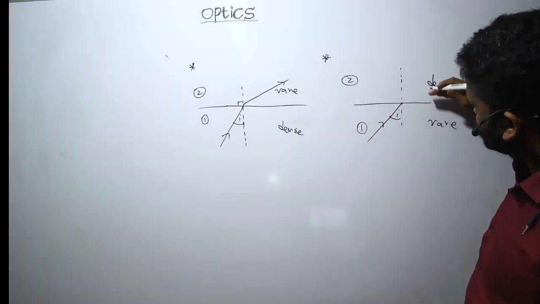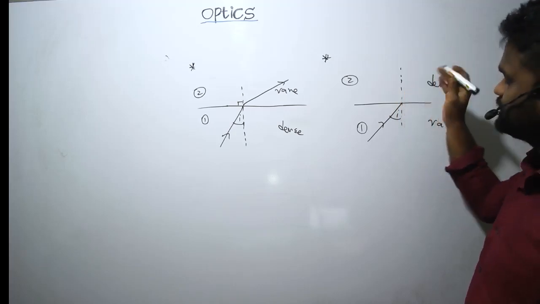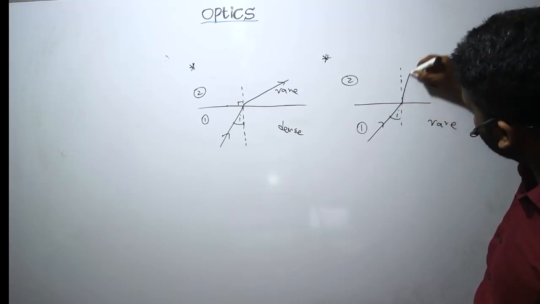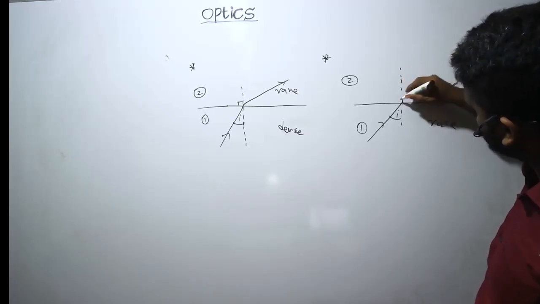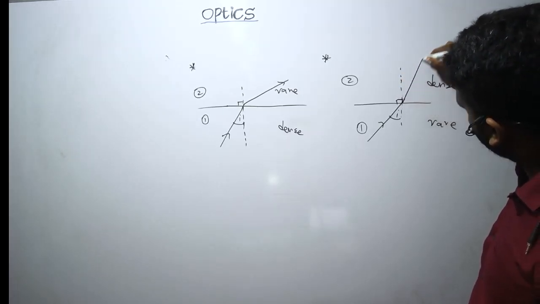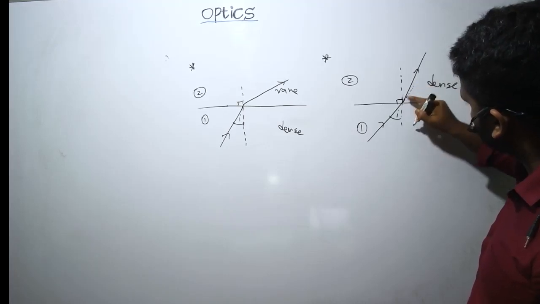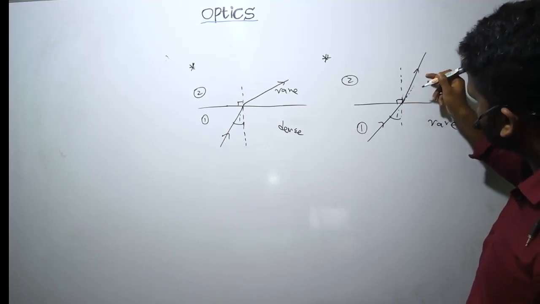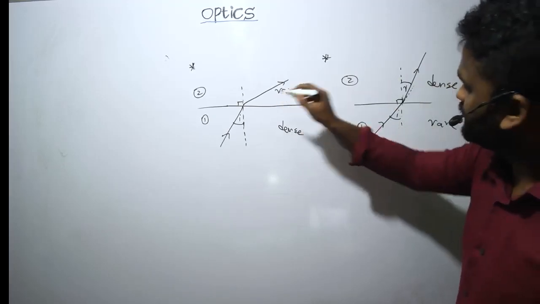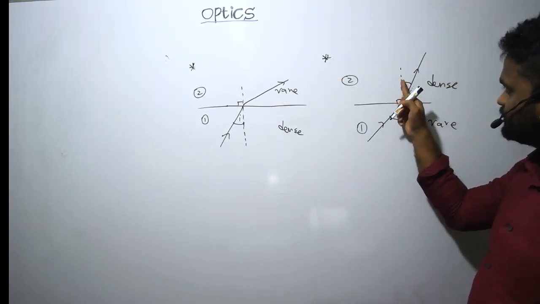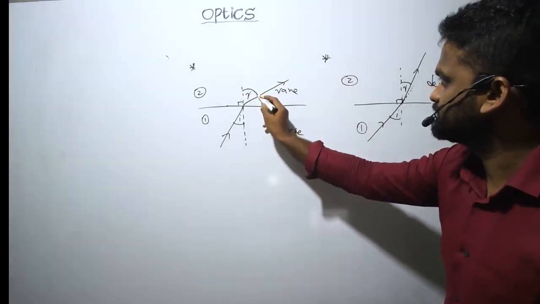Since this is denser compared to this medium, the light ray bends towards the normal, like this. It was supposed to go like this, but it bent. It refracted. The refracted angle is always measured with the normal, like this. Here as well, refracted angle is like this.